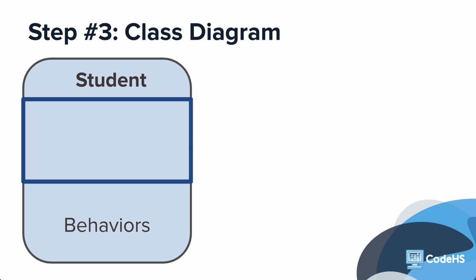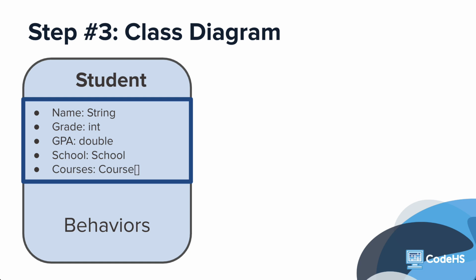Perhaps you came up with some of these: name, which would be a string; grade, which would be an int; GPA, which would be a double; school, which would be a school object. You may have thought about this being a string, and that would work too. But since a school object was considered during step 2, it would make sense for the school attribute to use the school object. And courses. Similar to school, this would probably use the course object data type.